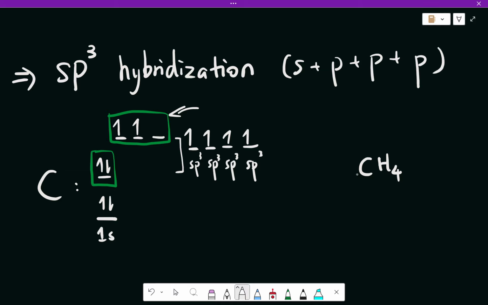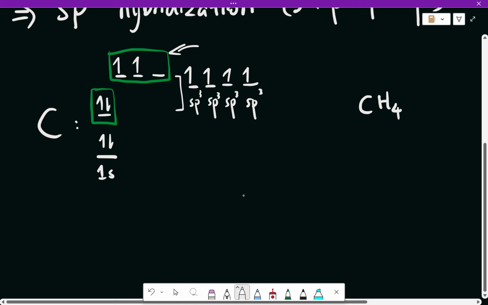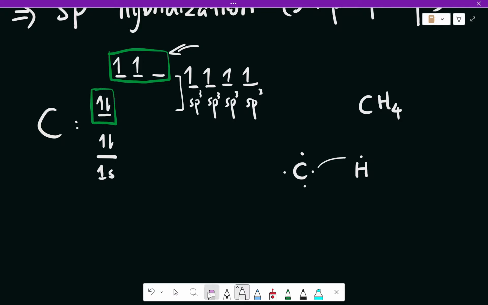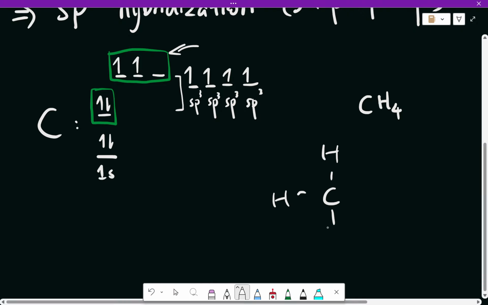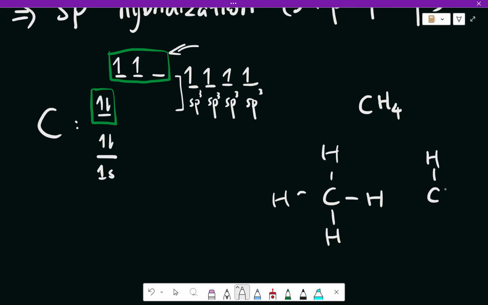CH4. So for this molecule, since C has 4 valence electrons and H only has 1, we would have a shape that looks like this. We would have C with 4 single bonds connected to the 4 hydrogens. And if we draw it into a 3D plane, we would have a tetrahedral shape, something like this.